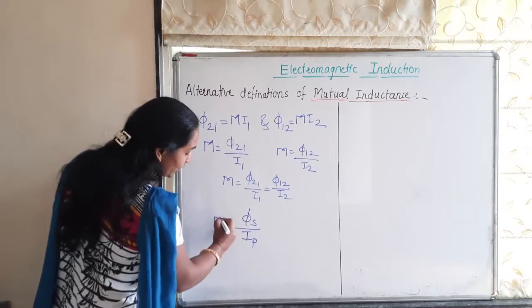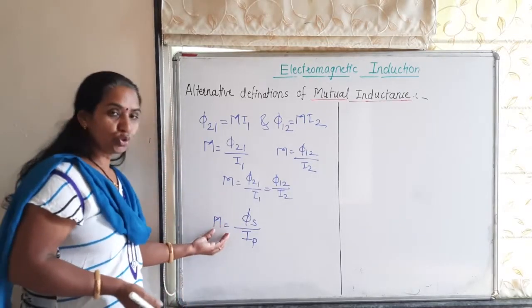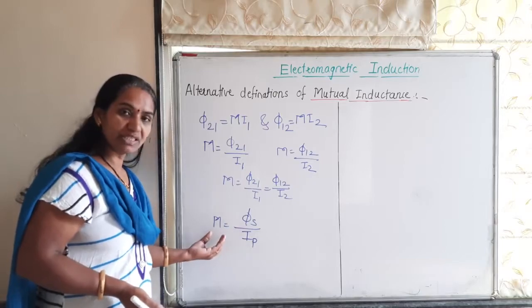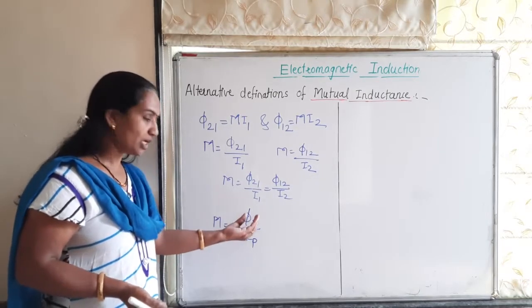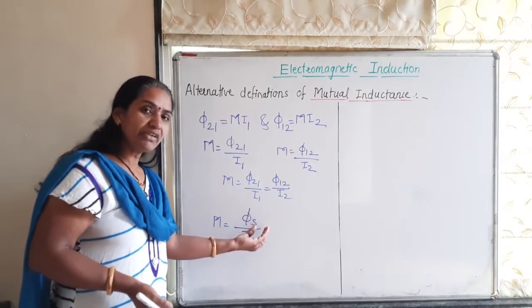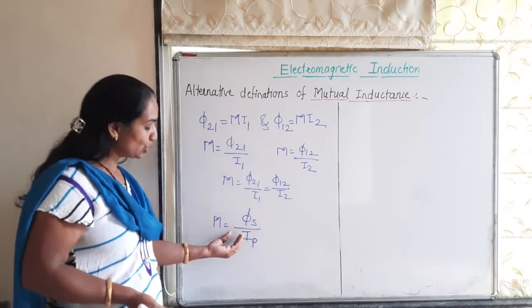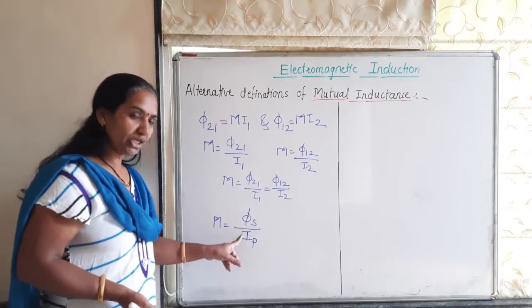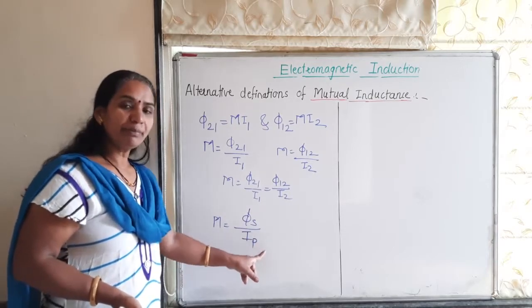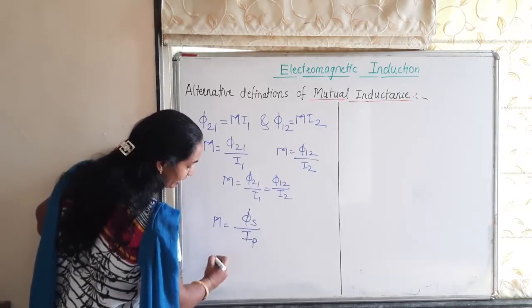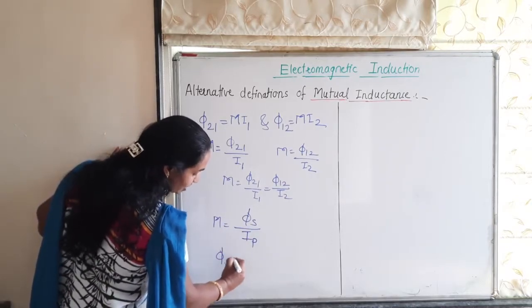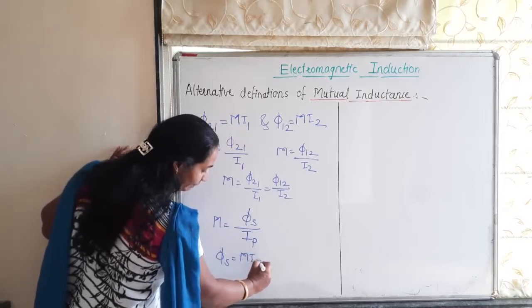So the definition of mutual inductance of the two circuits is equal to the magnetic flux linked with the secondary circuit per unit current in the primary circuit. This equation can be written as phi s equal to M IP.